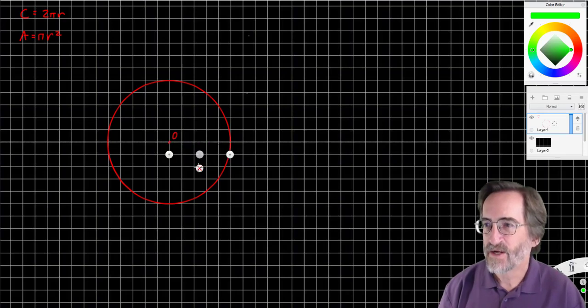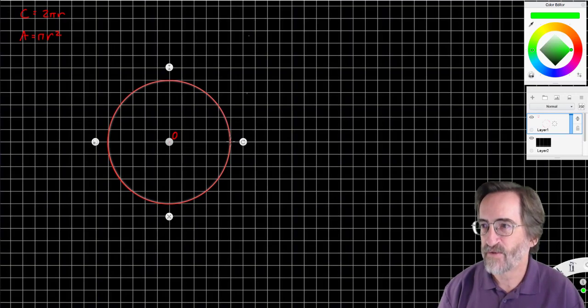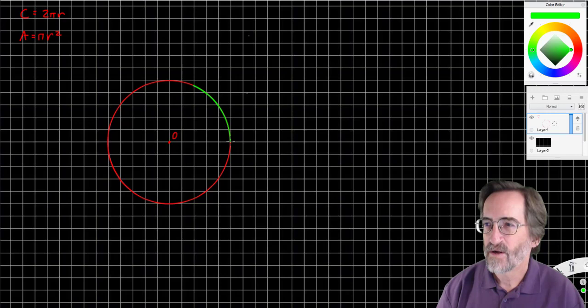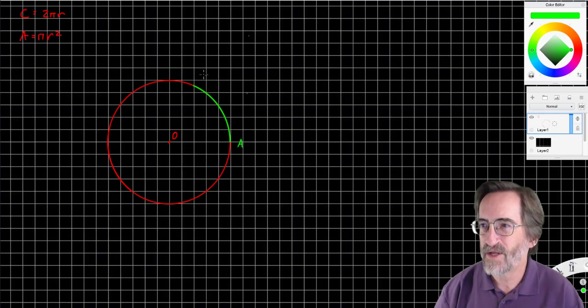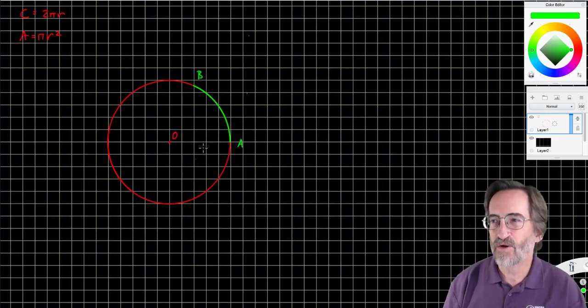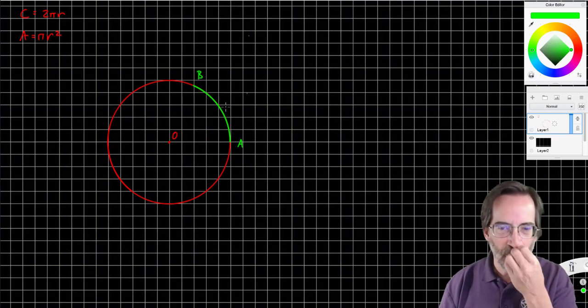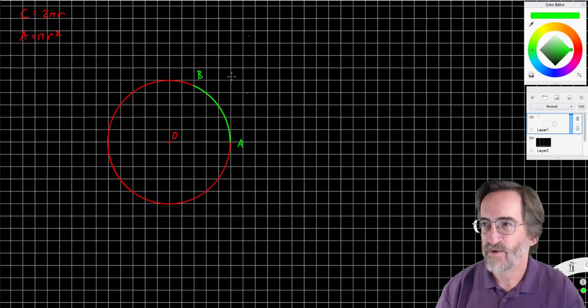So, actually, let's do it this way, because what I'm drawing is the radius, and that's not part of the arc. The arc is right here. And so the arc is a piece of a circle starting at one point, ending at another. And that's called an arc length, if you please, right?